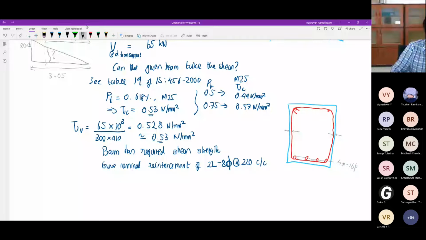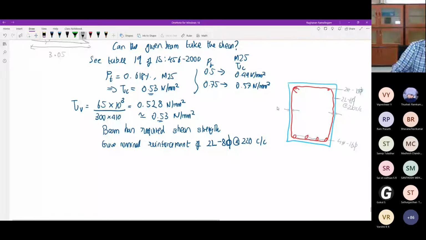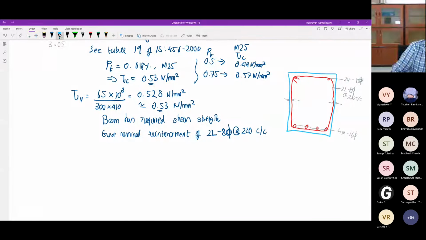Maybe half of it may extend beyond, like how you did in slabs. The same way you may keep some bars up top. Okay, actually this is a simply supported beam, so this is not needed. Hanger bar will be there. The 10 mm hanger bars which you kept.